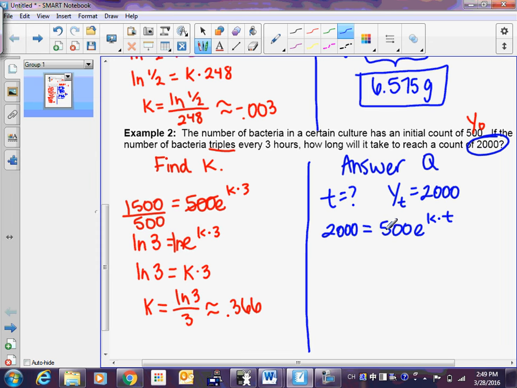So this is the part where you can do this algebraically. You can divide by 500 and take the natural log of both sides, or you could do y1 and y2. Okay, go ahead and try to do this part on your own. I'm going to do this algebraically if you want to follow.